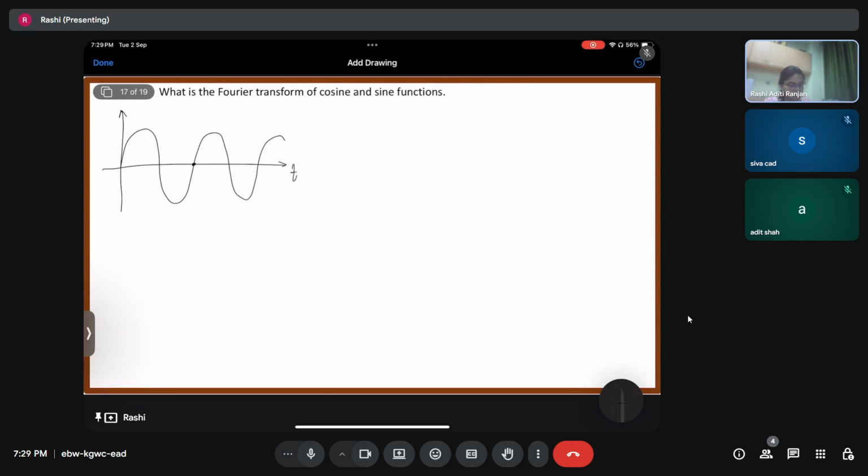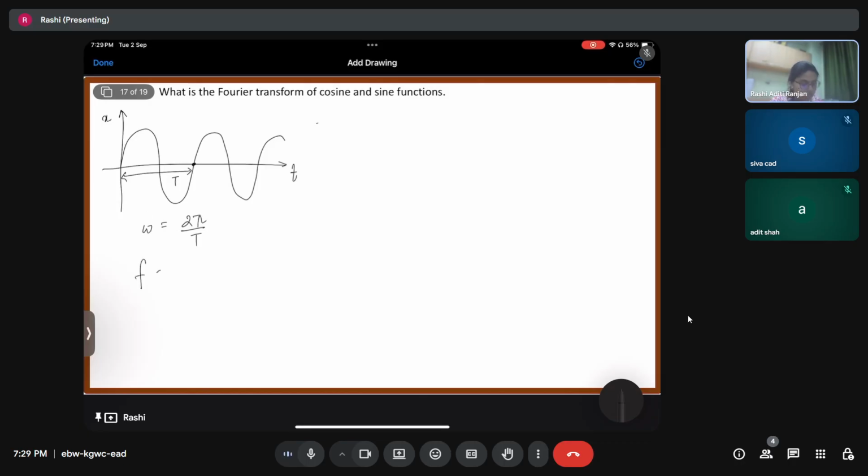This is time, this is x. We can simply find out this and find f as 2 pi by T, right? Okay, this is going to be omega.